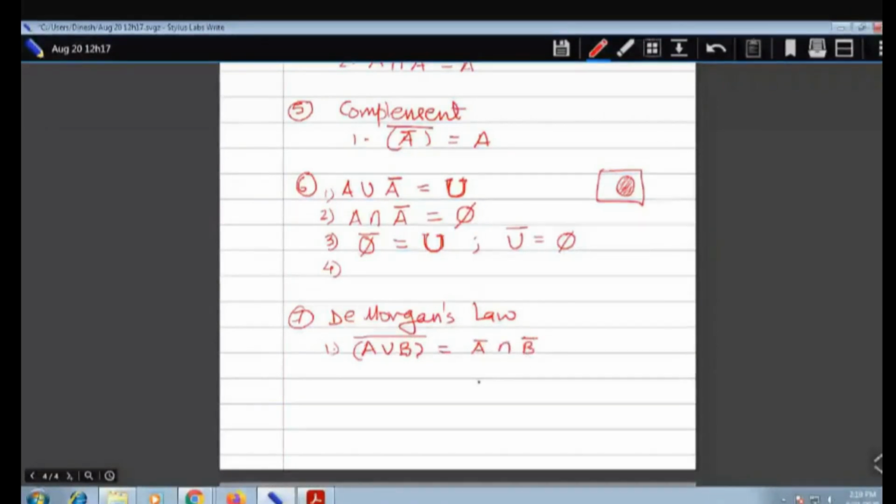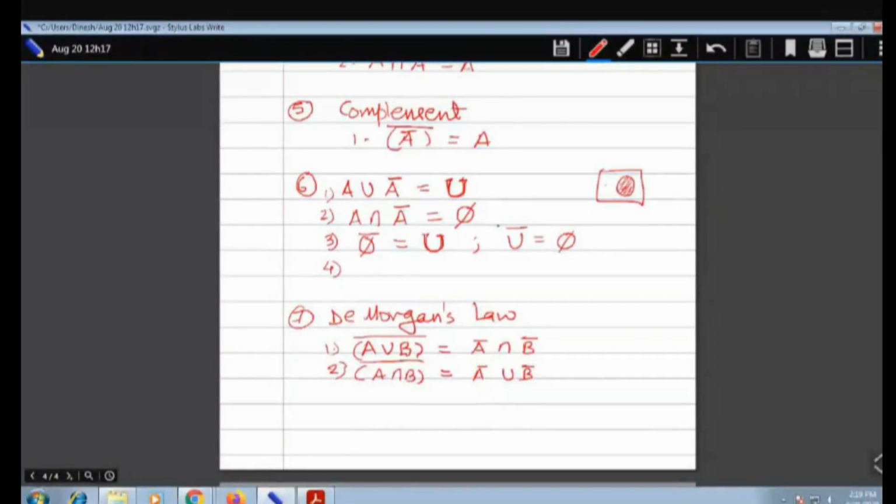So the rule is to split the complement, take the complement of each set, and invert the operation. That is, instead of union, now I have written intersection. And like that, the complement of A intersection B is nothing but A complement union B complement. This is all about De Morgan's law.